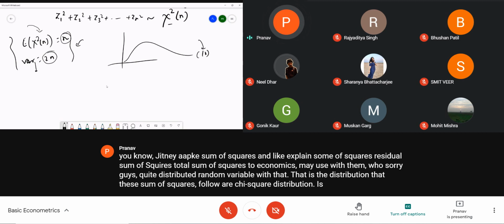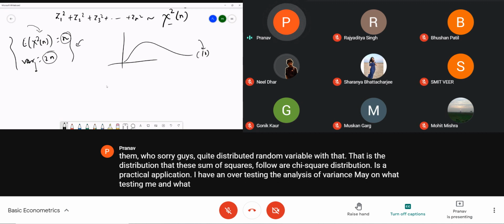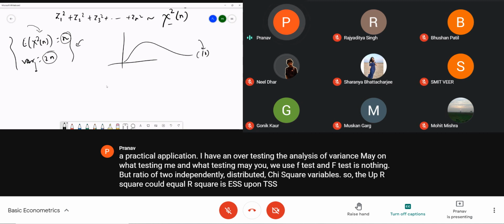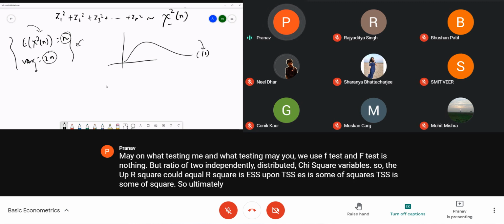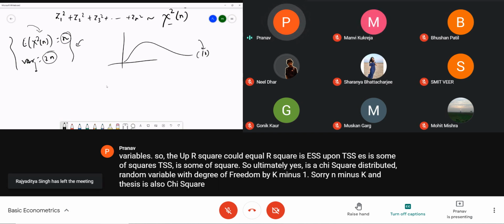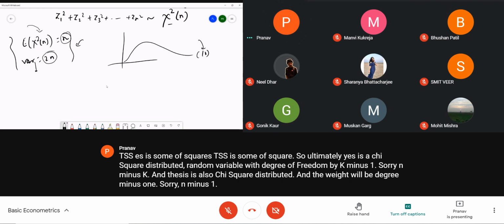Its practical application is ANOVA testing, analysis of variance. In ANOVA we use the F test, and the F test is nothing but a ratio of two independently distributed chi-square variables. When you look at R squared, it is ESS upon TSS. ESS is a sum of squares, TSS is a sum of squares. Ultimately ESS is a chi-square distributed random variable with degrees of freedom n minus k, and TSS is also chi-square distributed with degrees of freedom n minus 1. So these are some of the practical applications of the chi-square distribution.